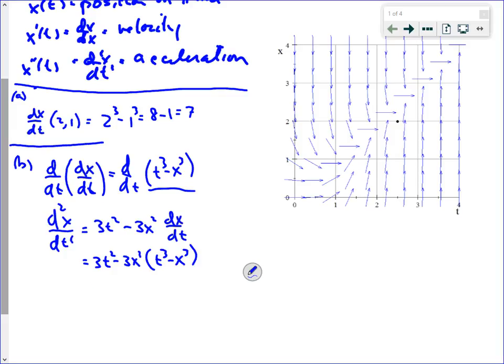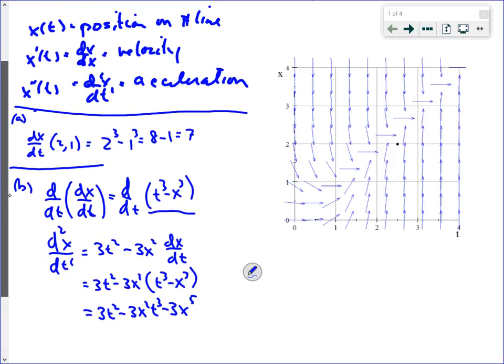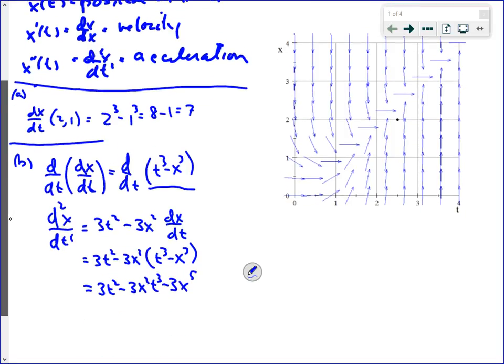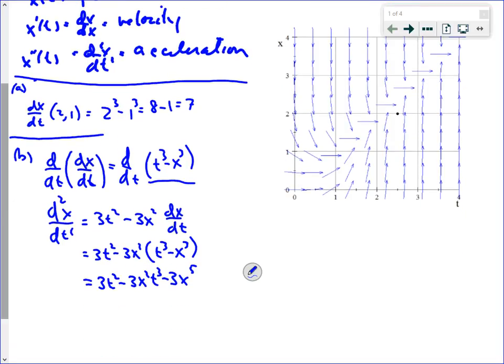And when you multiply all this out, you get exactly what they say we ought to get: 3t squared minus 3x squared t cubed plus 3x to the fifth. And that's what they wanted us to get on part B. So now I have an expression for the acceleration at time t.